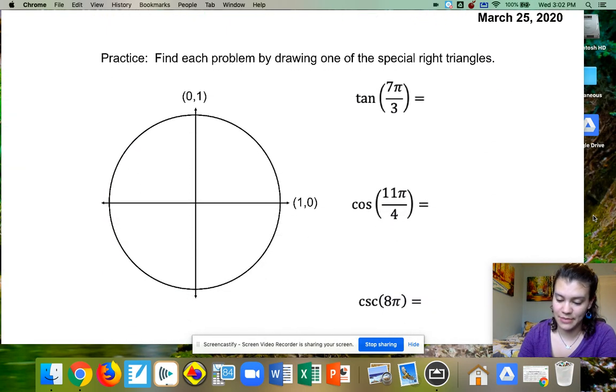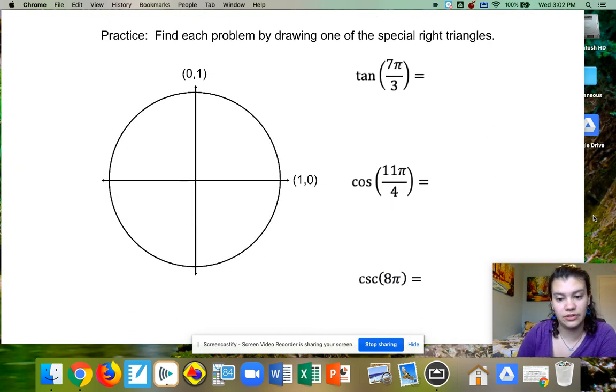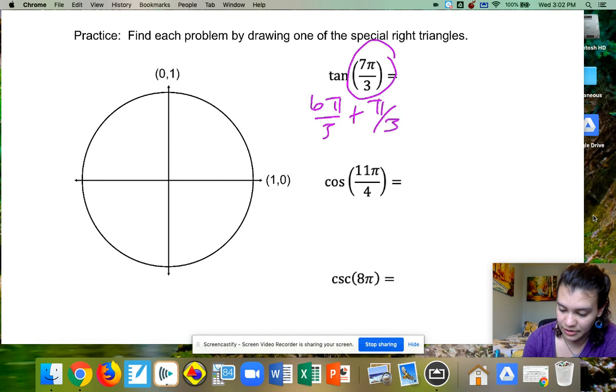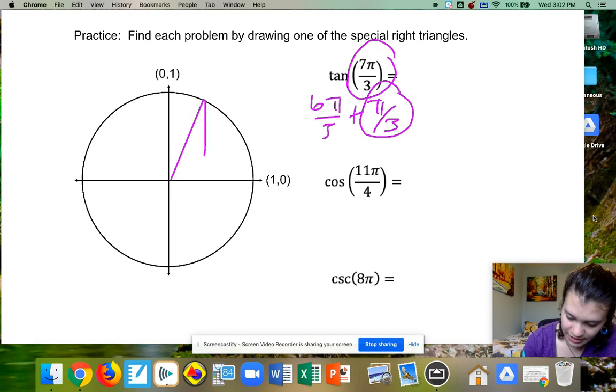And you can do the same idea with the unit circle in radians instead of degrees. So here this is more than 2 pi, because if you take 3 times 2, you get 6. This is a pi over 3 past. So this is like 6 pi over 3 plus 1 pi over 3. So we're the same as pi over 3. So you get something like this.